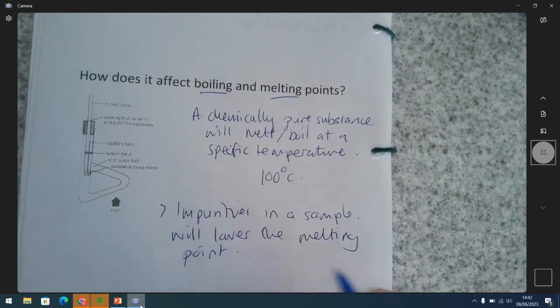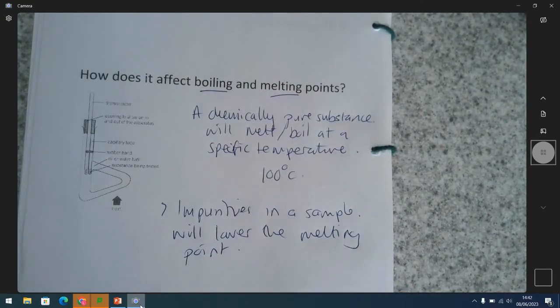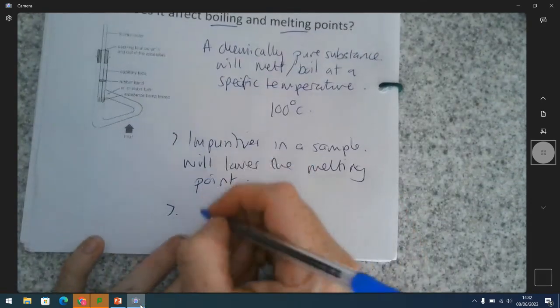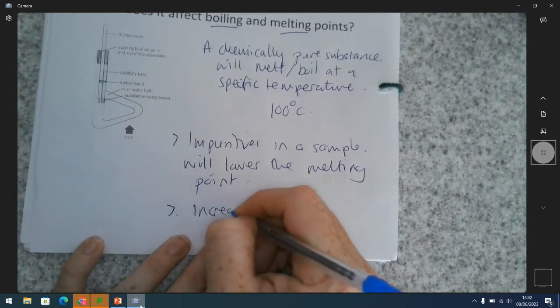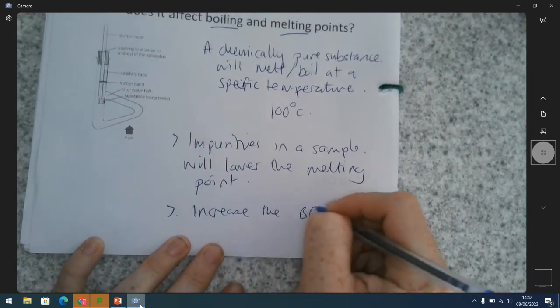Think about adding salt to water when gritting the roads, for example. But they can also increase the boiling point.